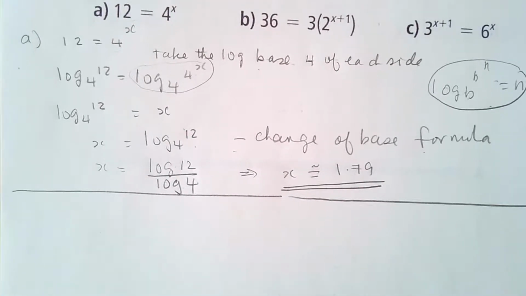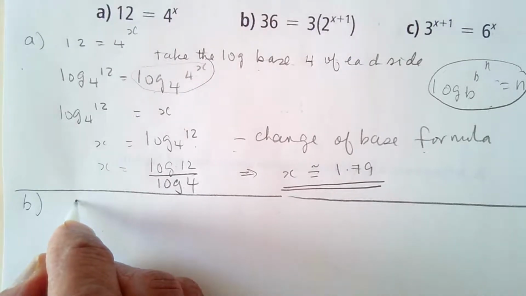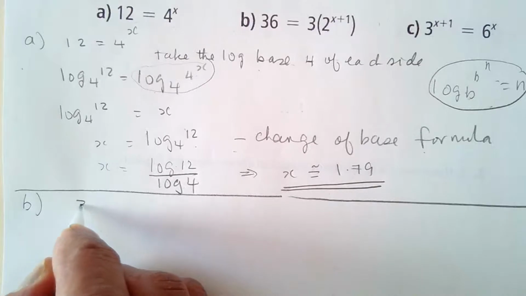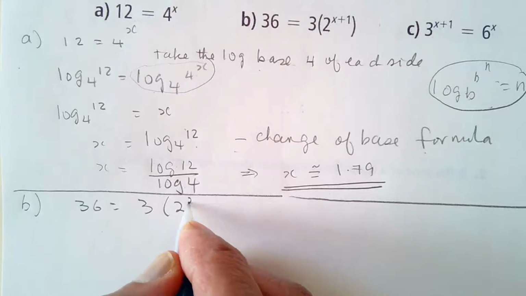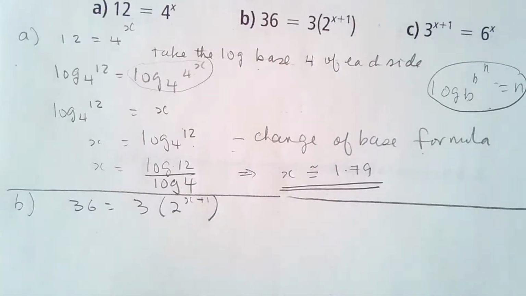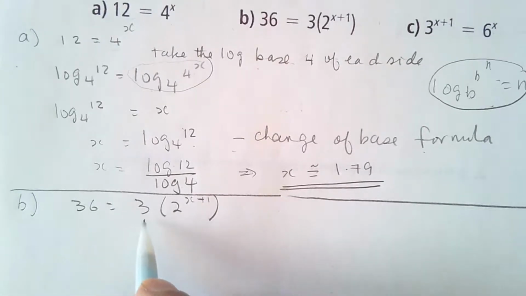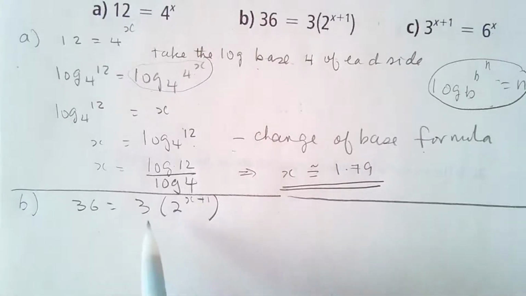Let's move on to B. So here we have 36 is equal to 3 times 2 to the power x plus 1. We want to simplify first, and we look for common factors. And we notice that 3 is a common factor here.